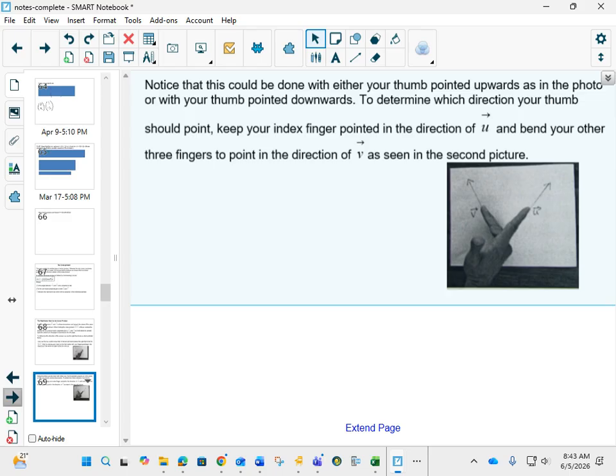I'm going to give you a different version of the right-hand rule as well, because I sometimes find with the right-hand rule, all of a sudden I'm watching a quiz or test and everybody's doing weird hand motions, like they're really concentrating on putting their hands on that vector and figuring out what's going on.